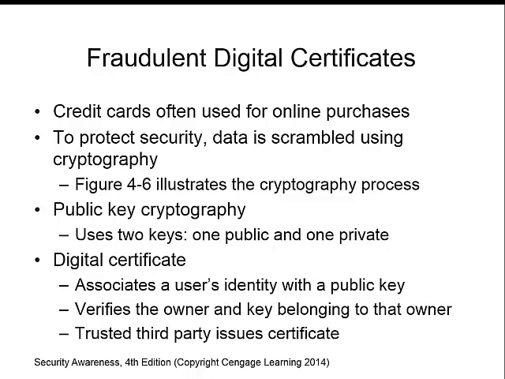You can have public key cryptography that uses two keys, one public and one private. You also can have digital certificates, and that associates a user's identity with that public key. It verifies the owner and key belonging to that owner, and a trusted third party issues a certificate.